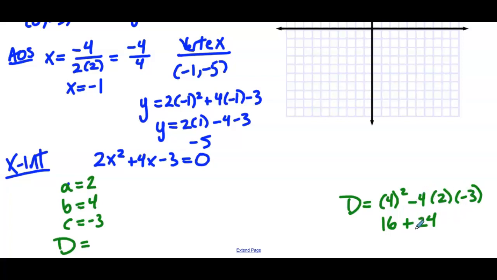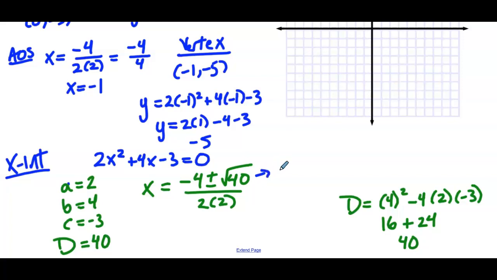The two negatives become a positive. So that gives us 40. And as a reminder, that's not a perfect square. And as I was speaking about, that tells us we can't factor. Using the quadratic formula, x equals negative b plus or minus the square root of the discriminant all over 2a.